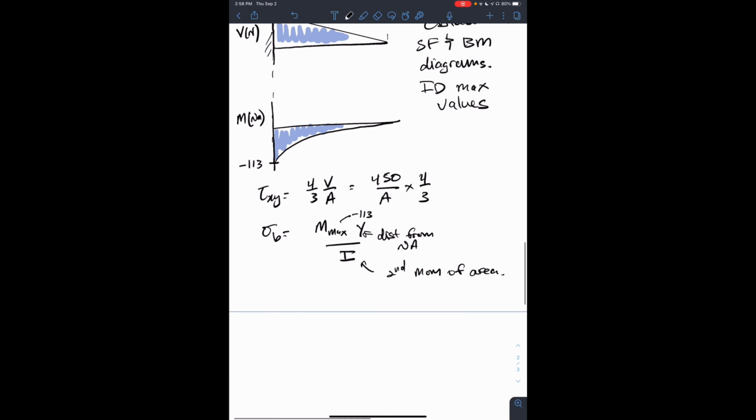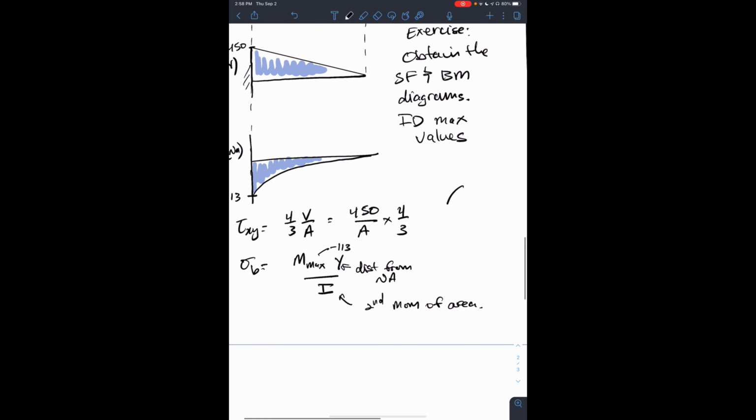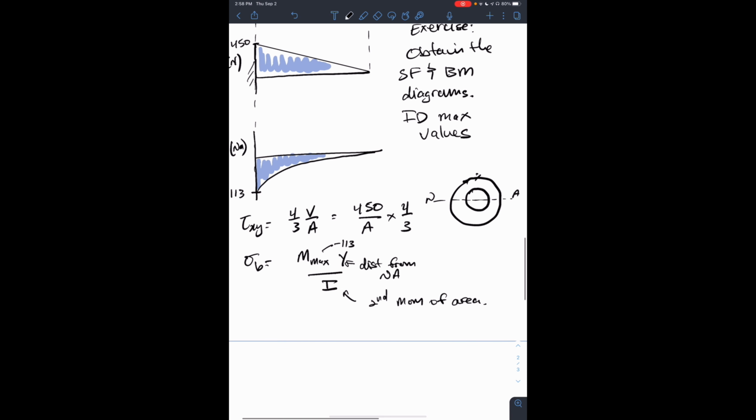Right, so we said that we are using a pipe section. So a pipe section, so this would be a neutral axis. The maximum stress would be on the outskirts of the pipe itself. So simply enough, that would just be your radius.